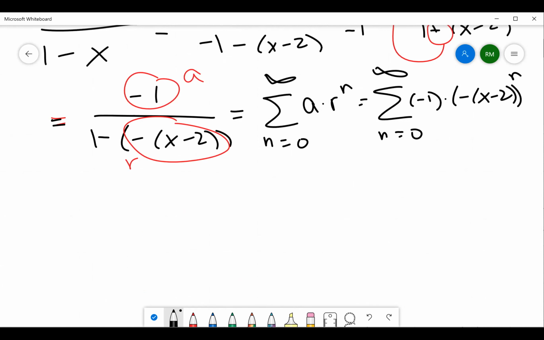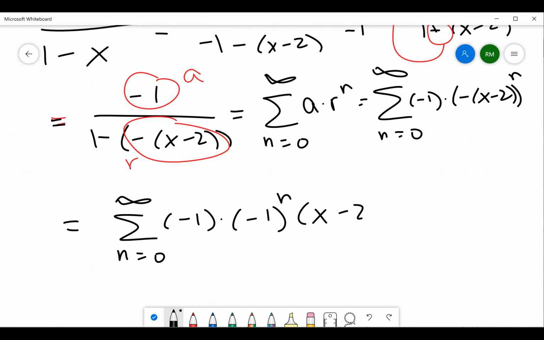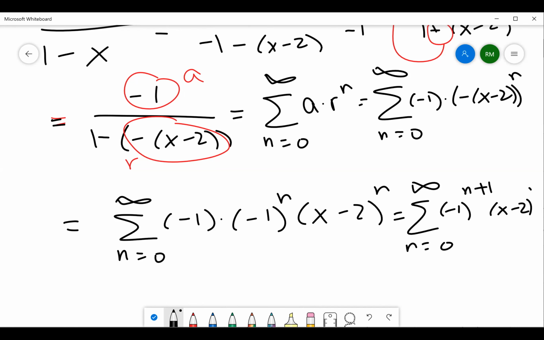In other words, that's the sum from n equals 0 to infinity of -1 times -1 to the n times x minus 2 to the n. And if we just manipulate that a little bit more, it becomes -1 to the n plus 1 times x minus 2 to the n.